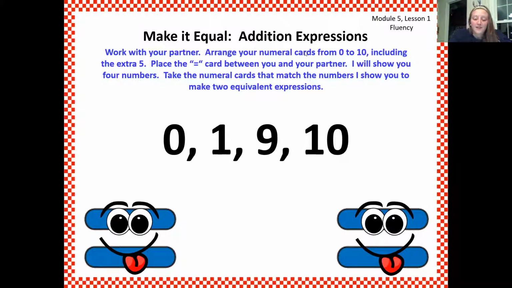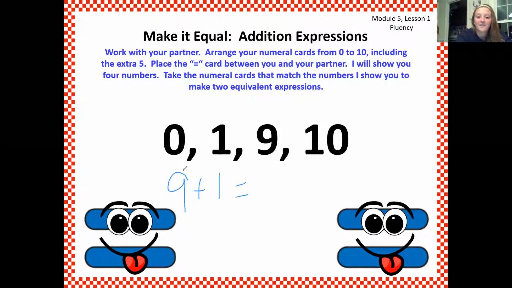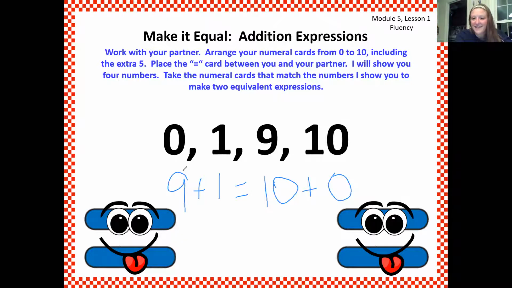For this one, I could say 9 plus 1 equals 10 plus 0 because both sides equal 10. Awesome. All right, next one.